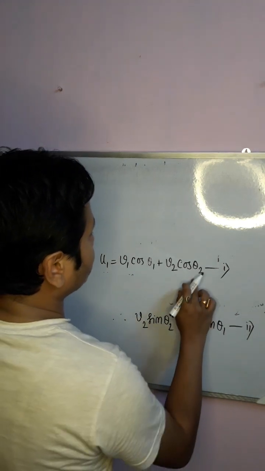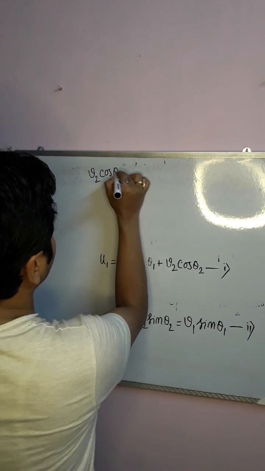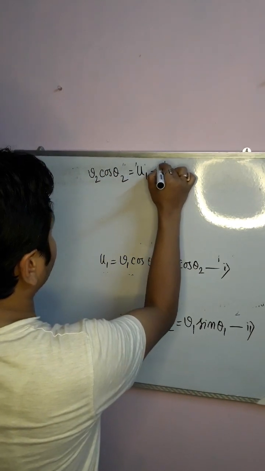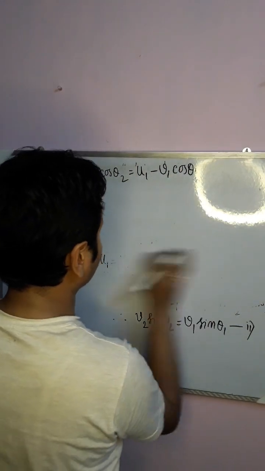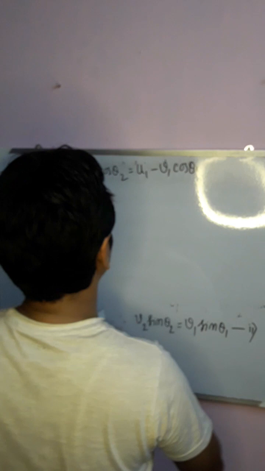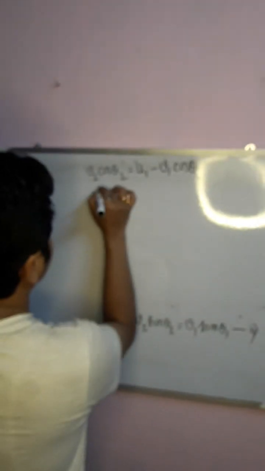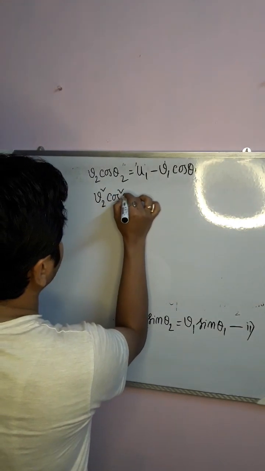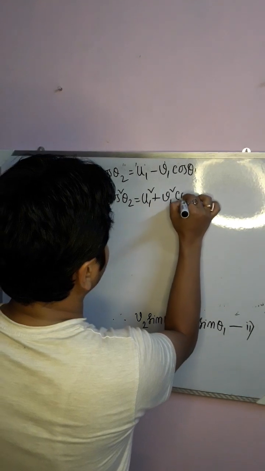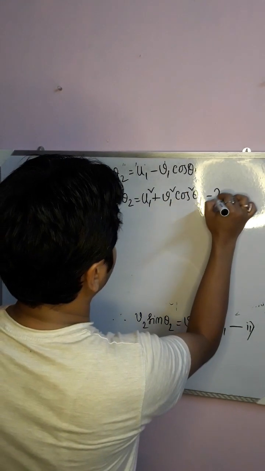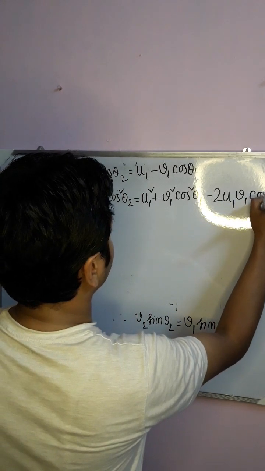From the first equation we can write v2 cos theta 2 is simply u1 minus v1 cos theta 1. If we take the square, v2 square cos square theta 2 equals u1 square plus v1 square cos square theta 1 minus 2 u1 v1 cos theta 1.